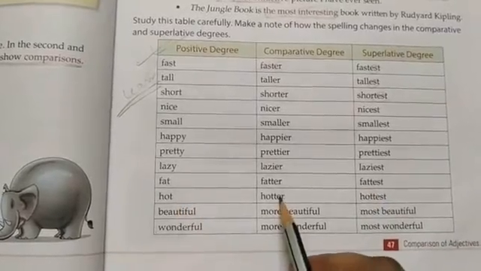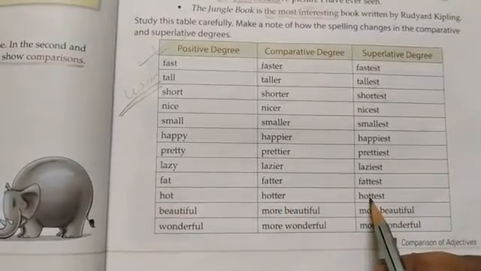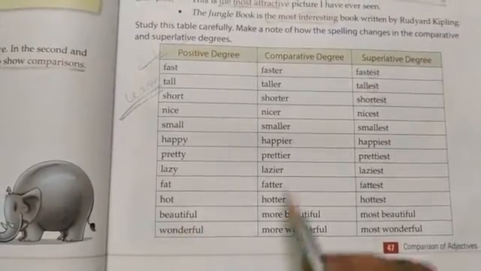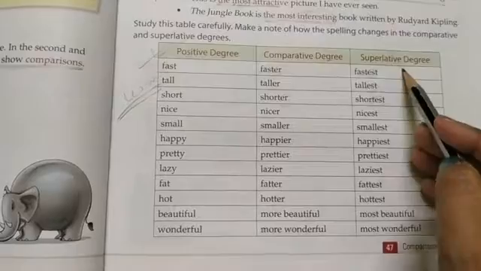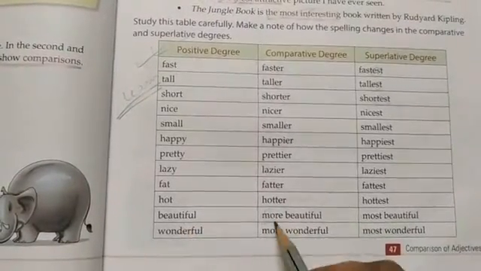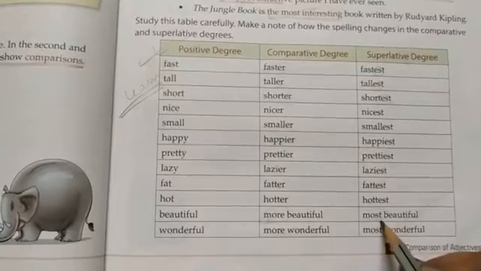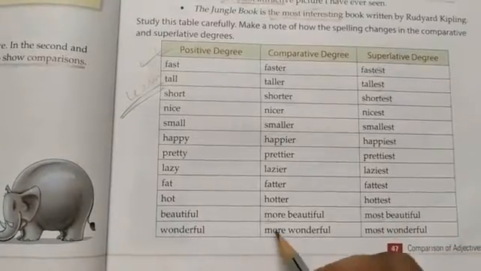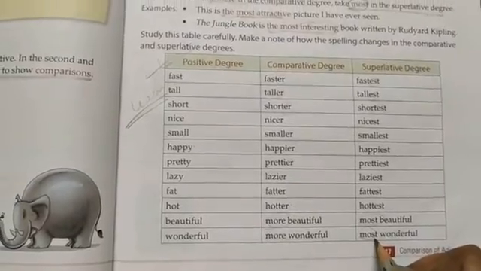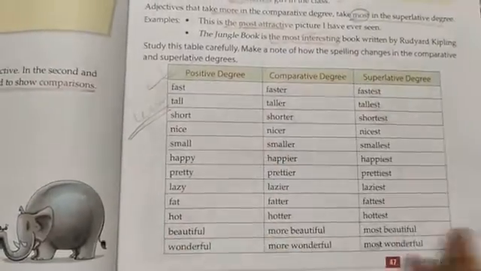Hot, hotter, hottest. Now over here you can see there is a change. The comparative degree and superlative degree are going to change. So beautiful becomes more beautiful, most beautiful. Wonderful becomes more wonderful, most wonderful. Okay. So I would request you to learn this.